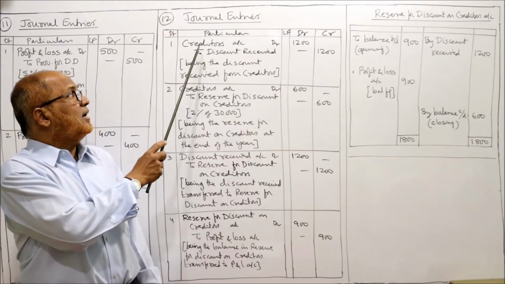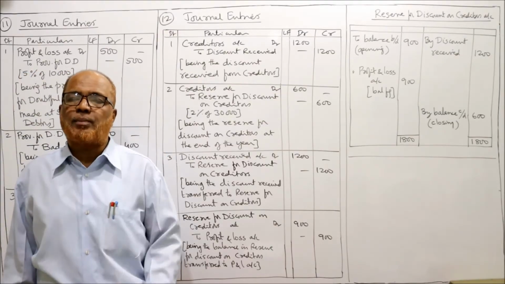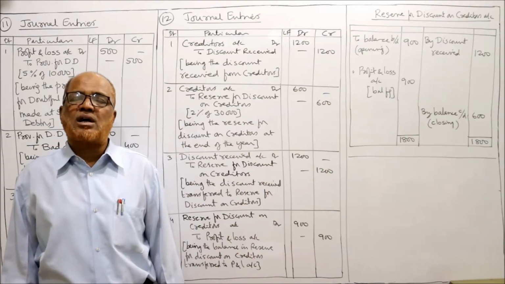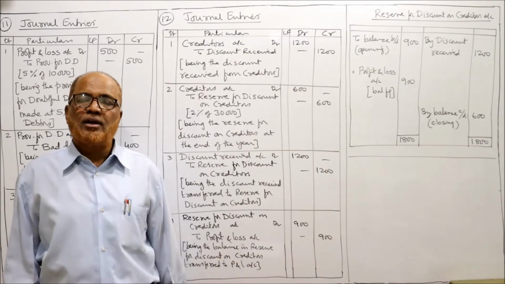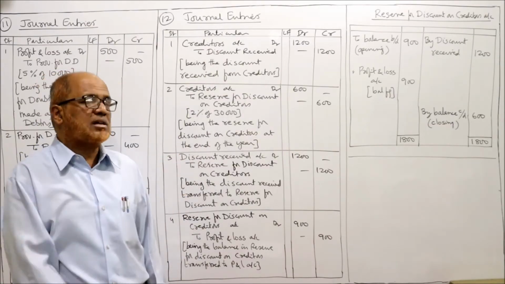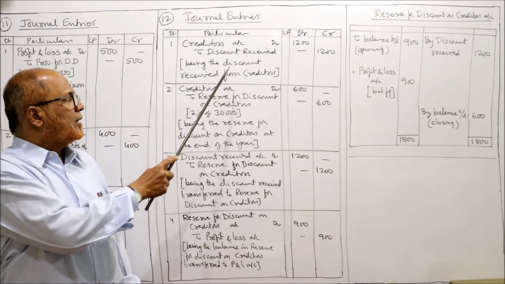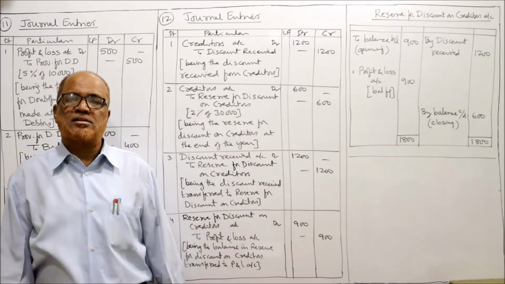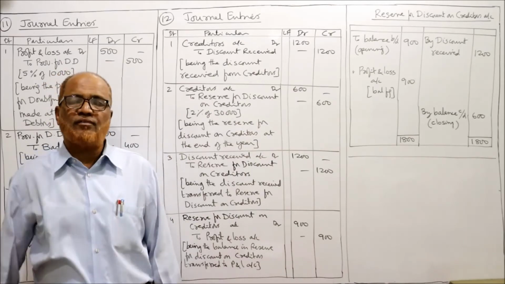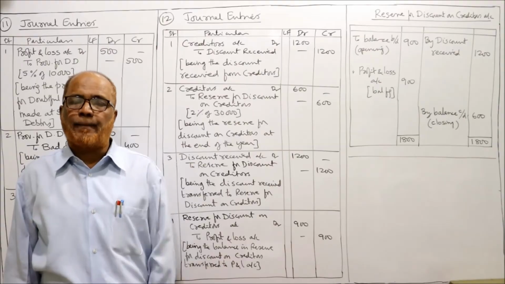The first journal entry: creditors account debit to discount received account. It is given in the problem: 1200 rupees discount received. From whom have we received? From creditors. So the entry will be creditors account debit to discount received 1200, being the discount received during the year. Then creditors account debit to reserve for discount on creditors. This is the reserve created at the end of the year.